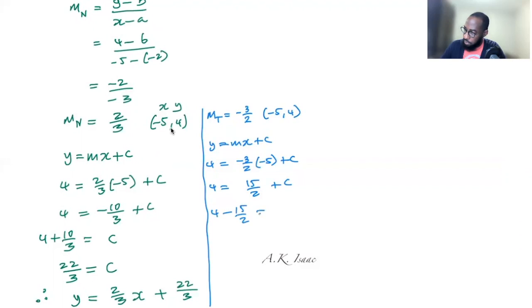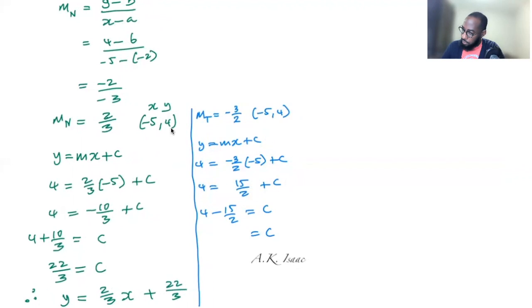Transpose. c is equal to -7 divided by 2. All right, so therefore, y is equal to -3 over 2 x minus 7 over 2. So here we have the equation of the tangent.